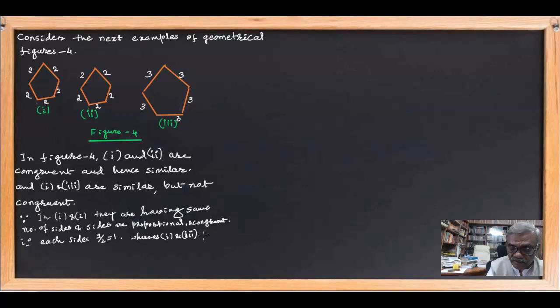Whereas in 1 and 3, the pentagons are similar because they are of the same shape and sides are proportional.